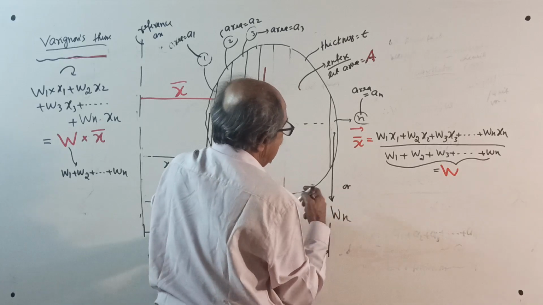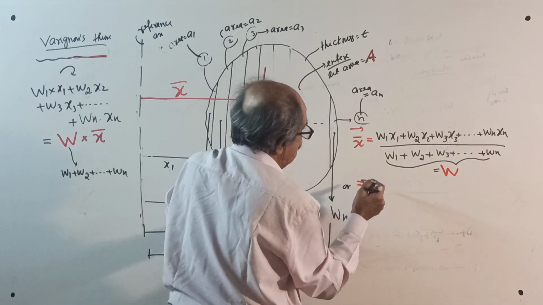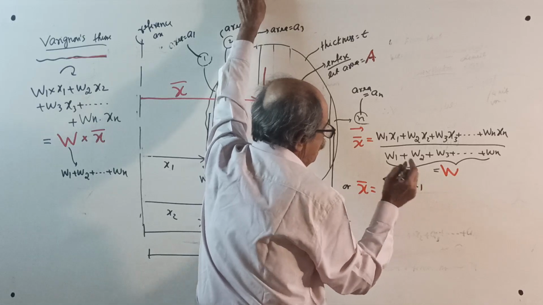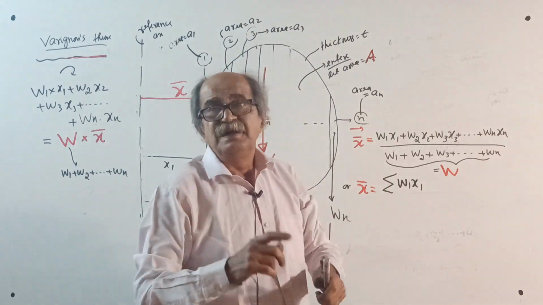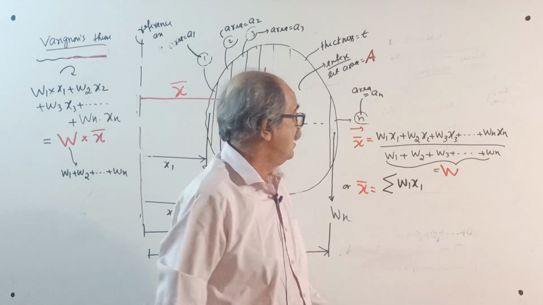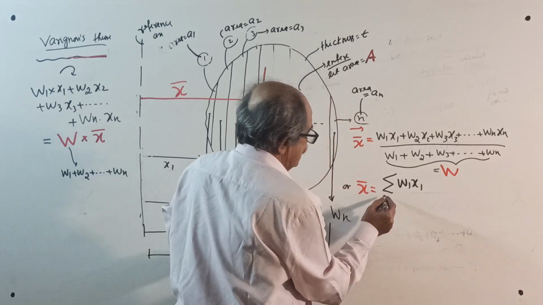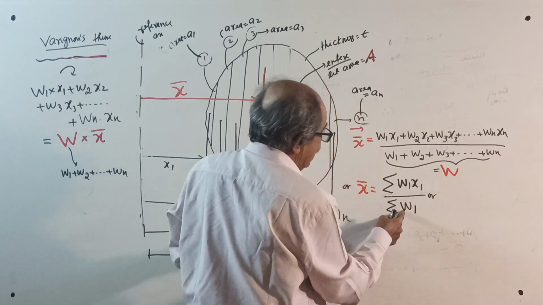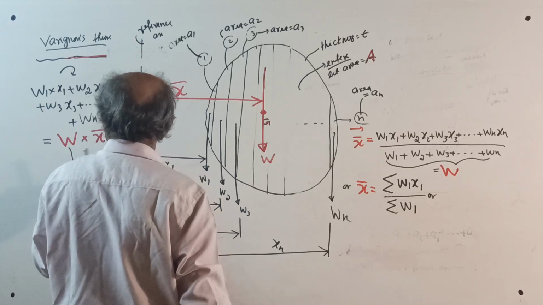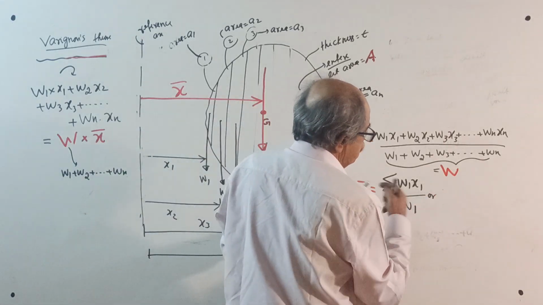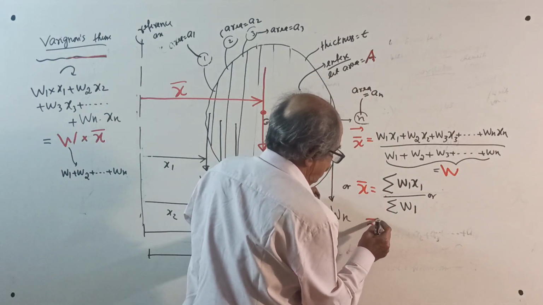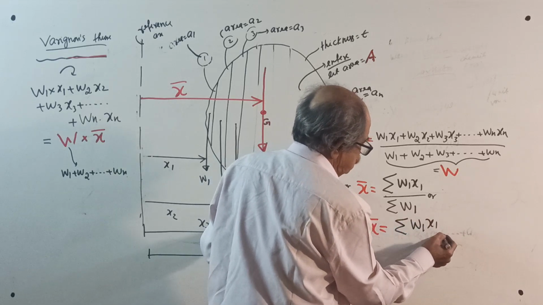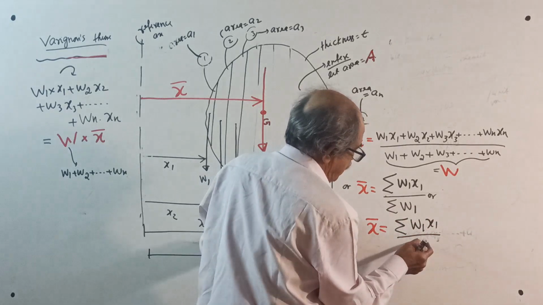Or I can tell x bar equals sigma of W1x1, meaning W1x1, W2x2, W3x3, etc., divided by sigma of W1, which is W1 plus W2 and so on, that is W. Or in simple language, x bar equals sigma W1x1 divided by W, the total weight.